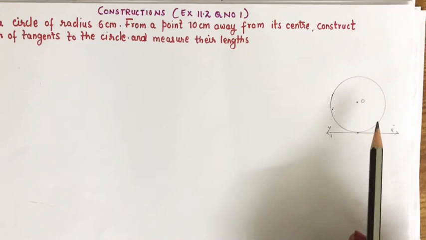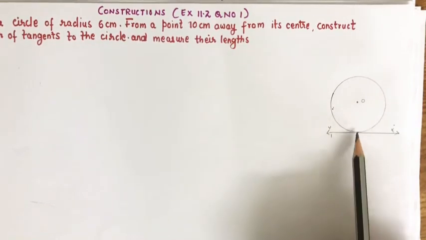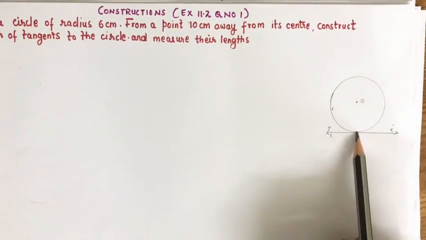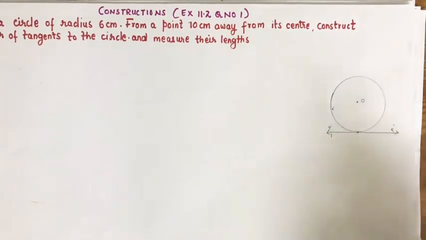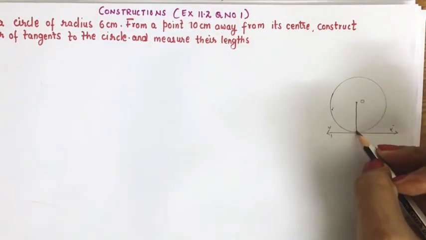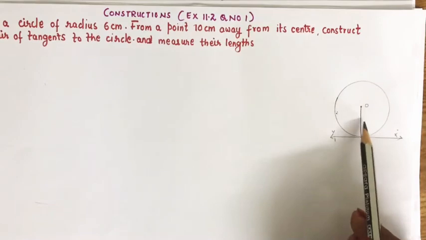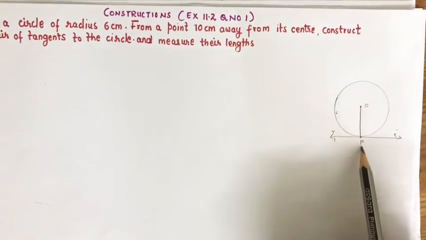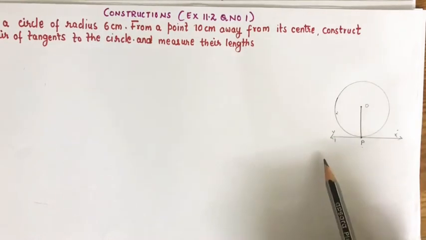One more thing you have to take care of is this common point. The common point of the tangent and the circle is known as the point of contact. And if I draw a radius at this point, suppose I call this point P, then OP will be perpendicular to XY.